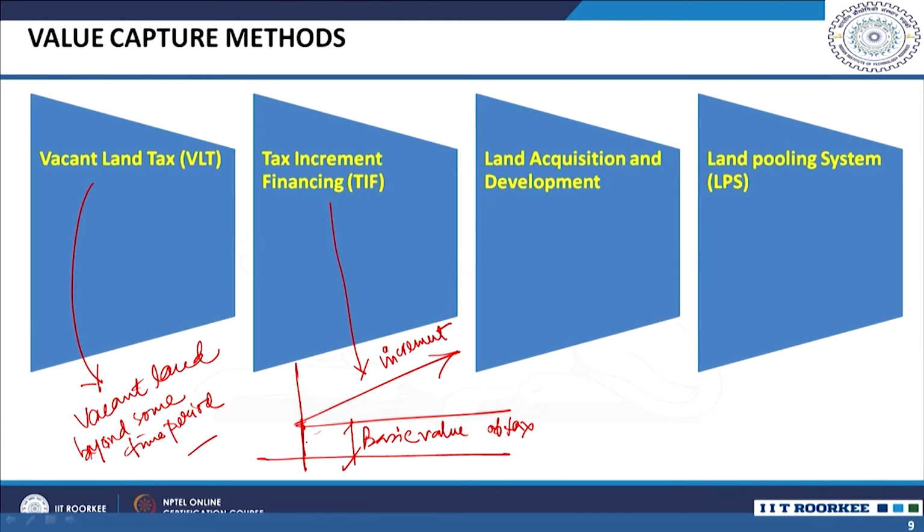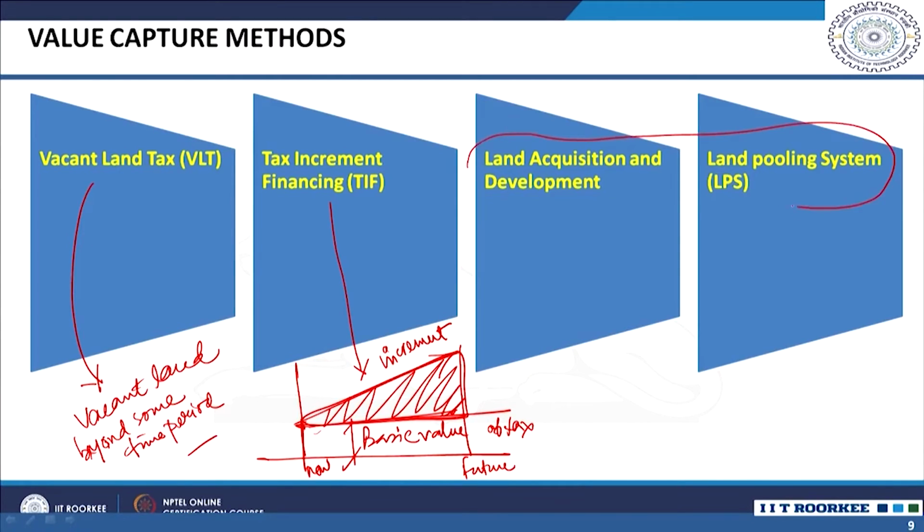This is time now and this is for the future. Now, if this part of the increment, due to the renewal, can be taken in part as an advance during the process of urban renewal or urban regeneration, that could be termed as tax increment financing, and government from time to time announces and notifies some zones or wards as TIF zones. In the US it is a very common and very popular method of value capture financing.